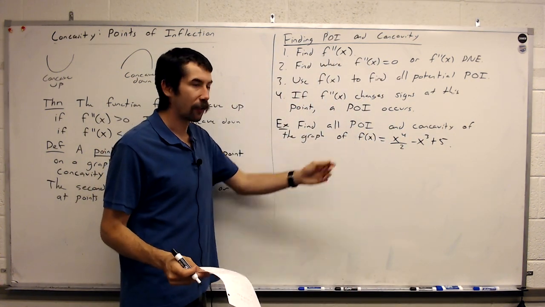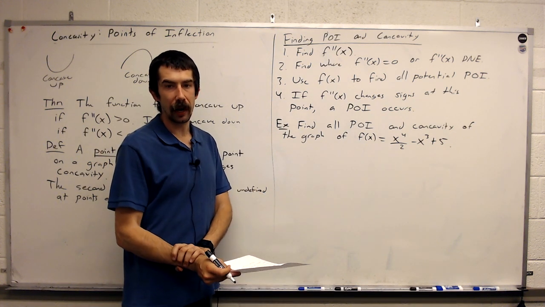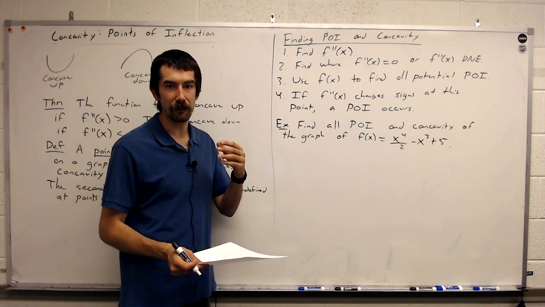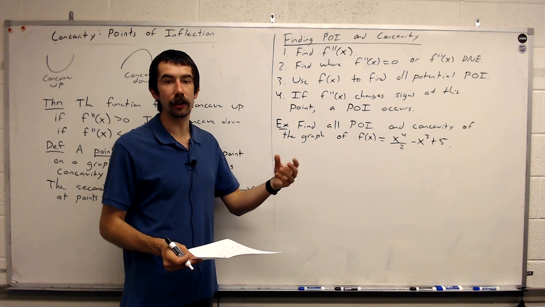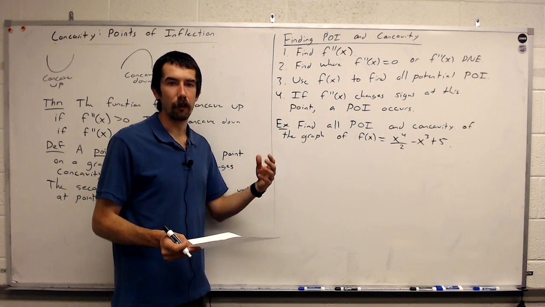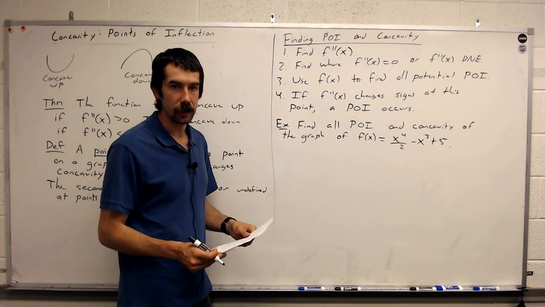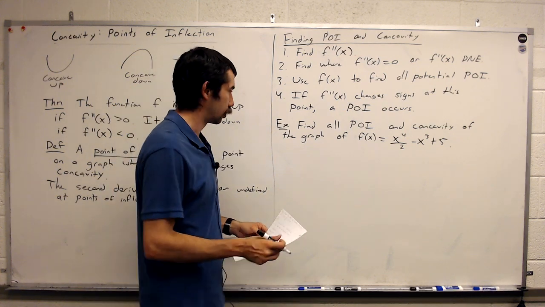All right, so here we have this function x to the fourth over 2 minus x to the third plus 5. We want to find all points of inflection and also when is the graph concave up, when is the graph concave down. And so what do we need? We need both derivatives.